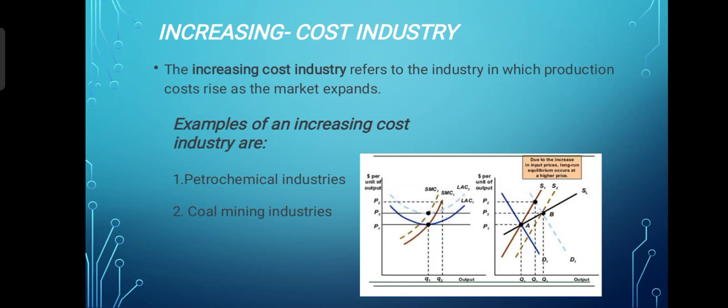Examples of an increasing cost industry are petrochemical industries and coal mining industries. For example, the petrochemical industry. Assume you own a petrochemical production plant and demand for your petroleum products dramatically increases. What would you do? In such a scenario, you will most likely boost your output to enhance your profits.